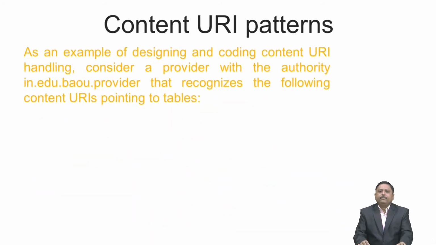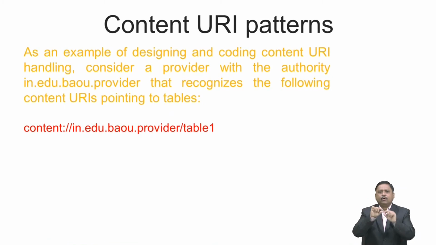As an example of designing and coding content URI handling, consider a provider with the authority in.edu.baou.provider that recognizes the following content URIs pointing to tables. Assume that our authority or provider is in.edu.baou.provider, and inside that different information is stored in the form of tables.